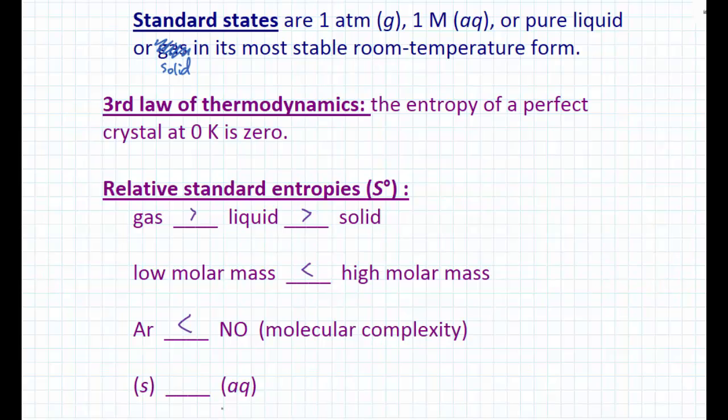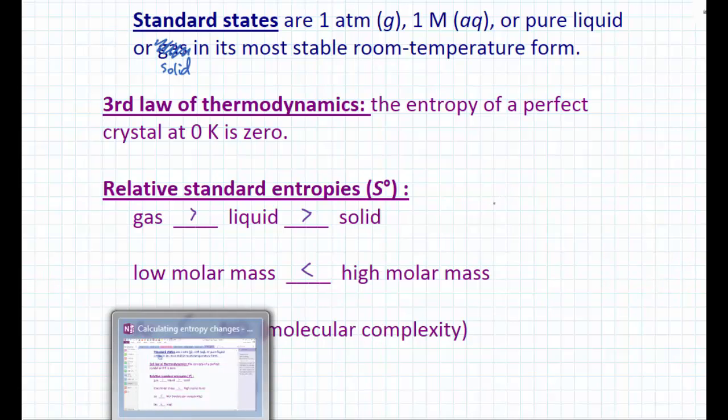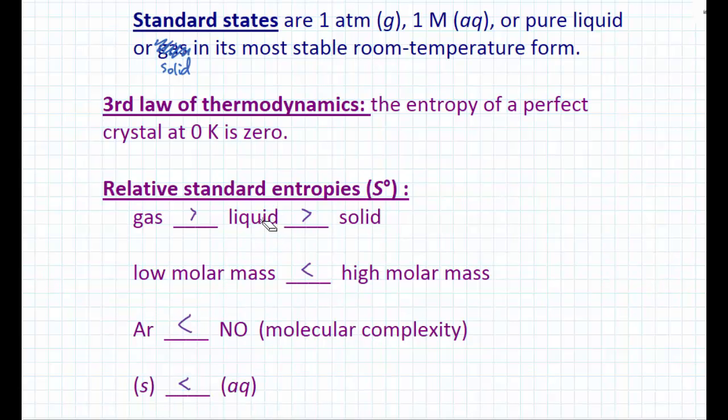So molecular complexity. What if we have a solid sample versus that same sample dissolved in water? Yep, absolutely. For pretty much the same reason that we put liquid higher in entropy than solids. With a solid, it's all stacked up nice and neat. When either it's melted or it's been dissolved in something, it can be going all different directions.